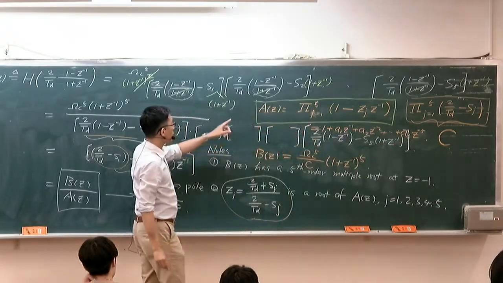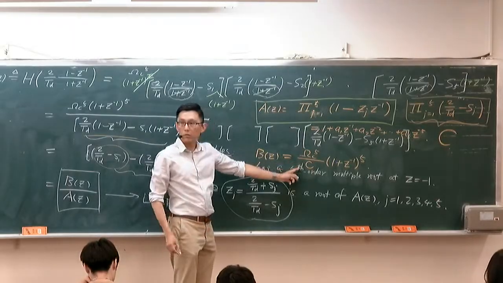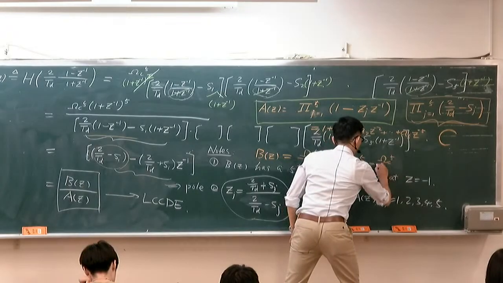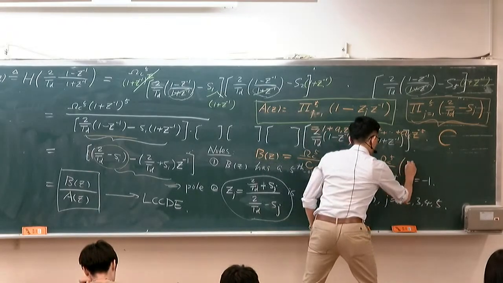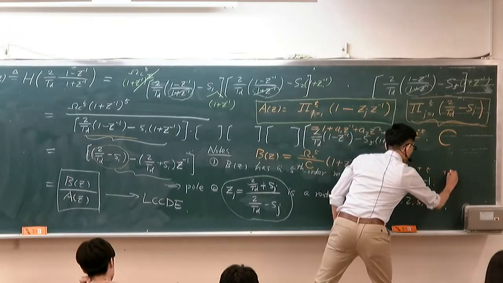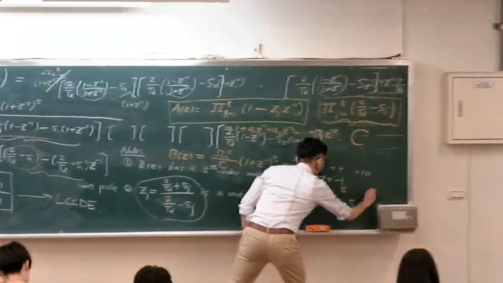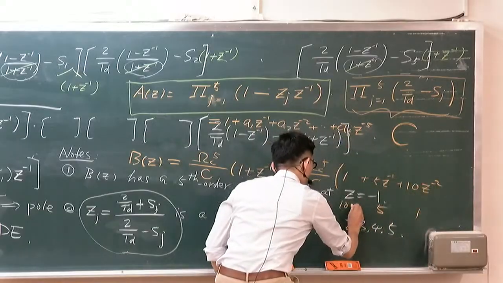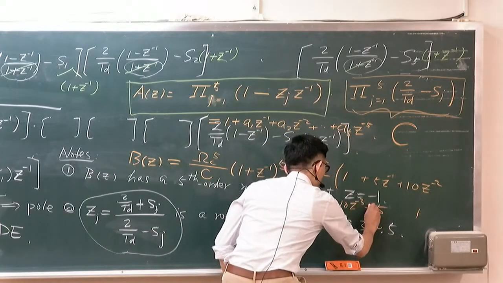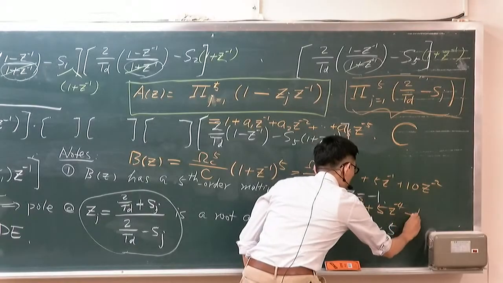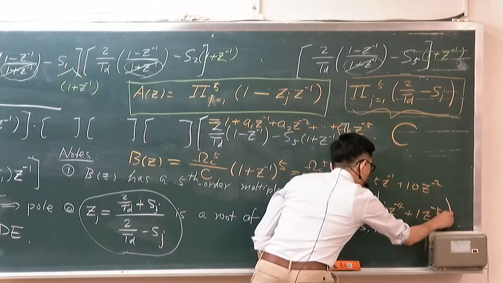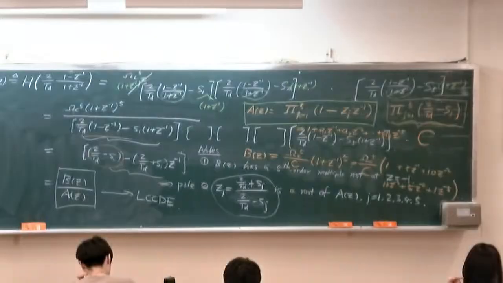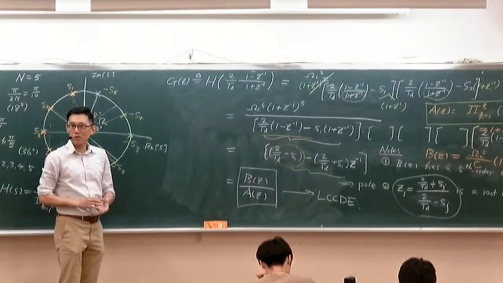Whereas B is also a polynomial of fifth order. It's actually easier: omega_c to the fifth power divided by this big constant, times 1 plus 5z inverse plus 10z to the minus second power plus 10z to the minus third power plus 5z to the minus fourth power plus z to the minus fifth power. So that's finally B of z and A of z.